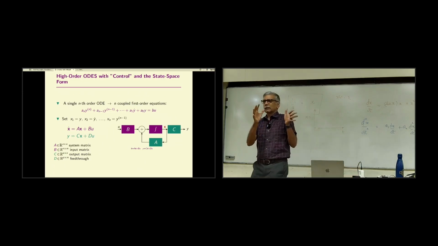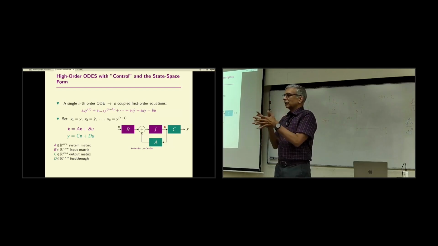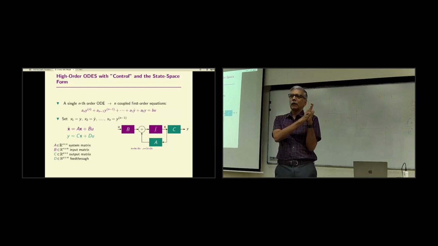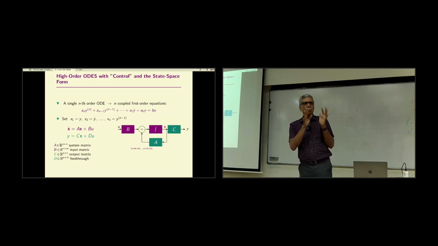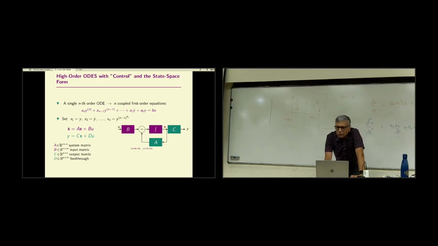Okay, so that's the first part. That's autonomous systems, initial conditions, evolution of differential equations. Now we'll come to the part which has control in it. So this is the nth order differential equation that we wrote down, but the difference is that now you have a control.